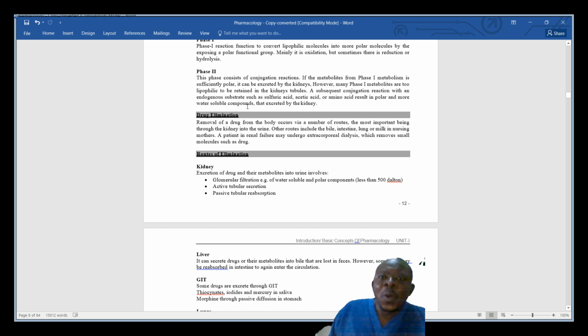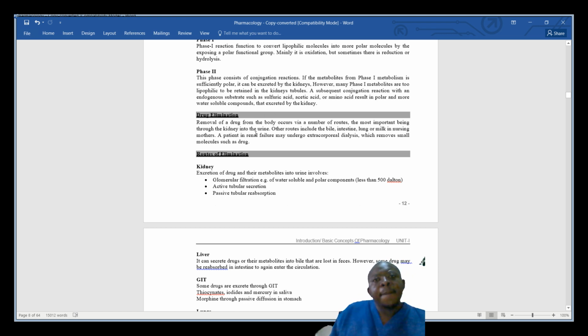So in phase 2, we have a conjugation reaction that is exposing more of the polar group, with an endogenous substrate such as sulfuric acid, acetic acid, or amino acids, that results in polar and more water-soluble compounds that can be excreted by the kidney.